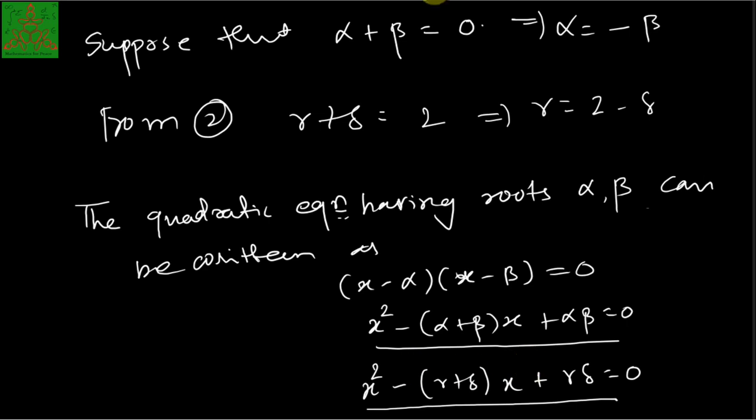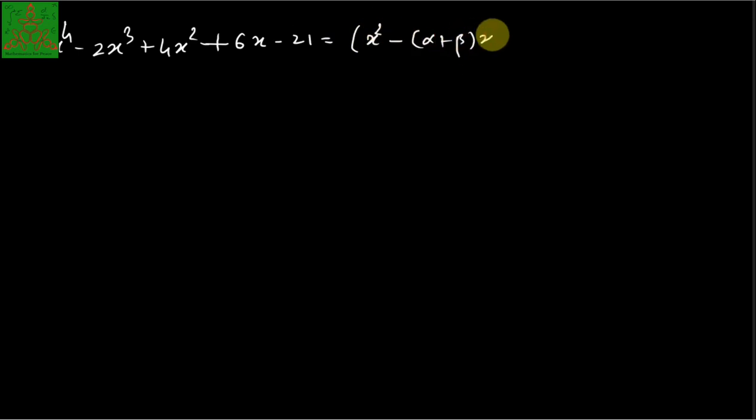We can have that x power 4 minus 2x cubed plus 4x square plus 16x minus 21 is equal to x square minus (alpha plus beta) x plus alpha beta, times x square minus (gamma plus delta) x plus gamma delta, equal to 0.